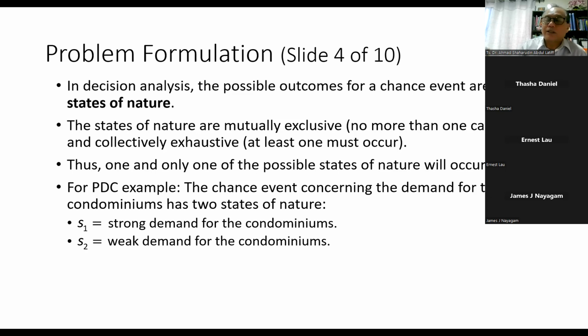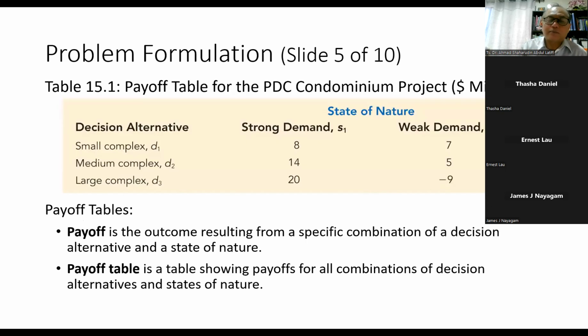They have to decide whether they want decision 1, decision 2, or decision 3, so PDC will only select one. The chance events, or states of nature, are two: strong demand and weak demand. State of nature 1 will be strong demand for the condominium. State of nature 2 will be weak demand for the condominium.